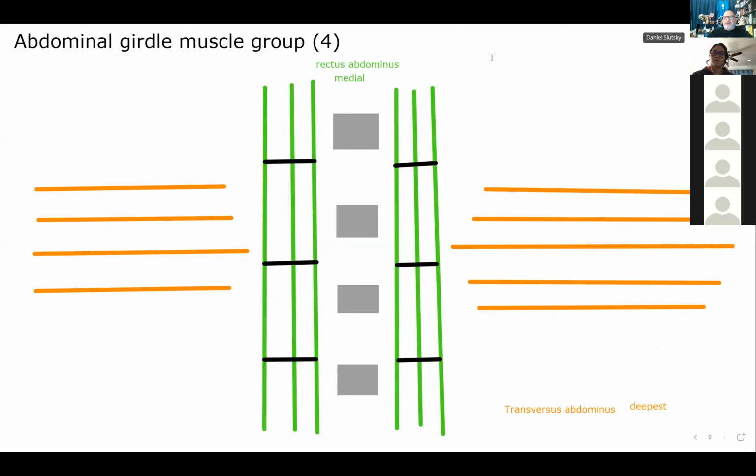We have an internal oblique, and we have an external oblique.